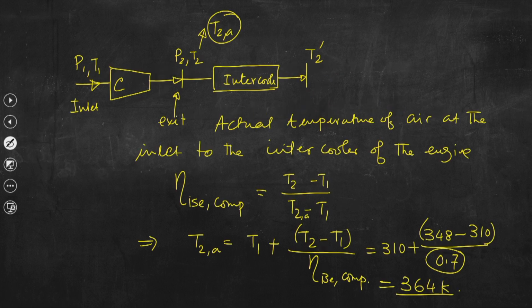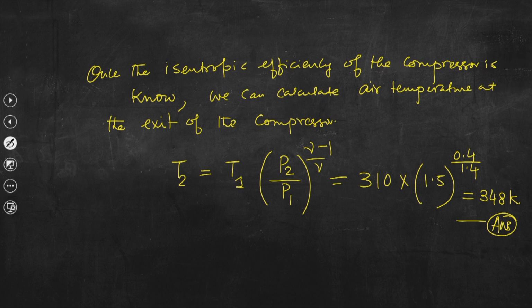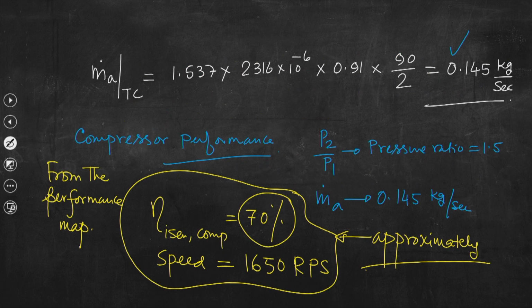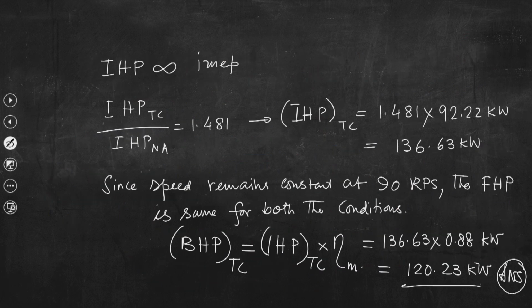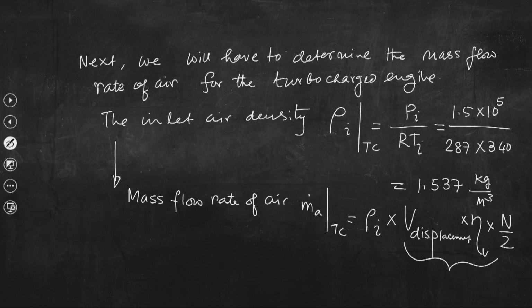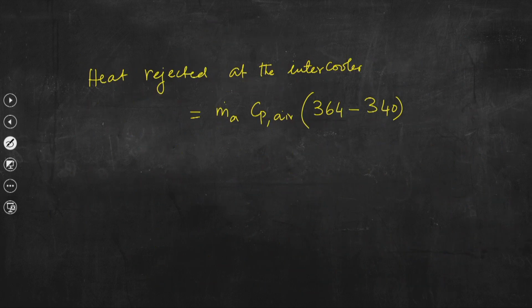This I can show you here, this is the temperature following isentropic expansion. So, 340 Kelvin, because this is given, that is the inlet condition. If we calculate it, you will get the value.